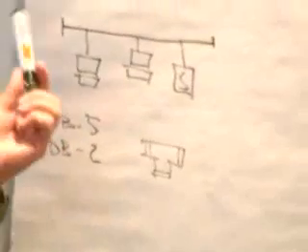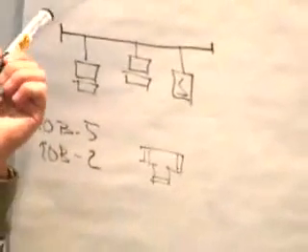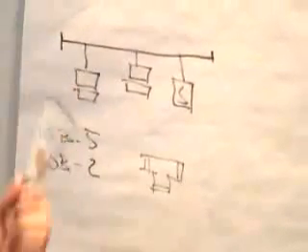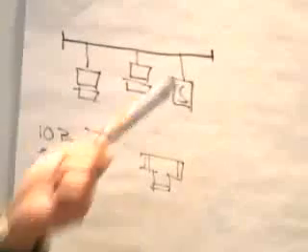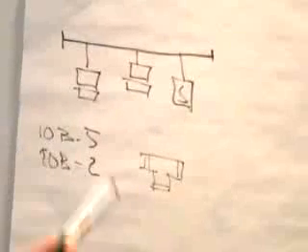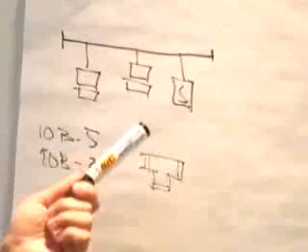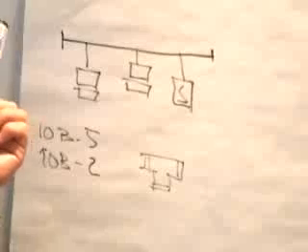It looks the same in a topology. As a topology, it's still the same. You still connect your PCs to that coax cable, not using the vampire tap, using this connection now. Still shared media.